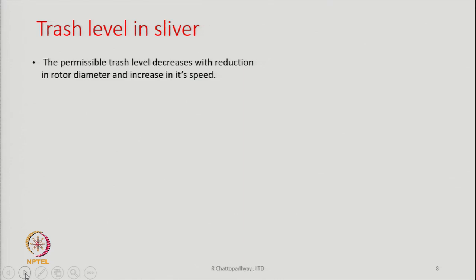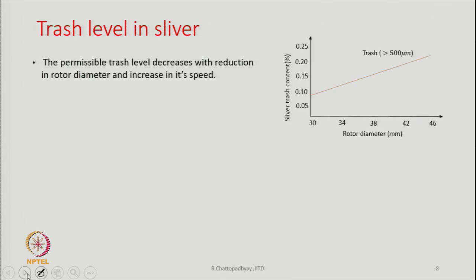There will be very low trash content in this sliver. And if I want to spin faster using a smaller diameter rotor, we have to go for a sliver which is very clean. That is what becomes important.